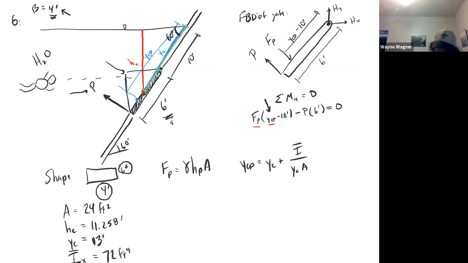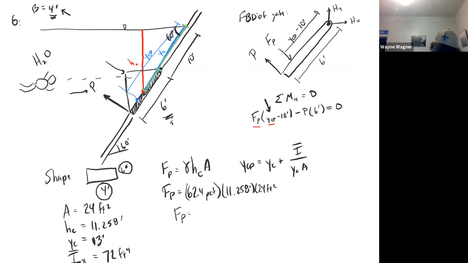At this point, it's just plug and chug. FP equals gamma, in this case 62.4 PCF, times HC, which is 11.258, and the area is 24 square feet.